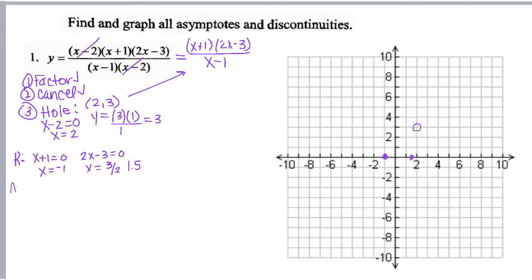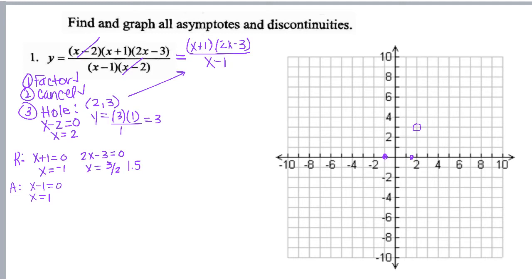A is going to be talking about our vertical asymptote, and that's where we set the denominator equal to 0. So our denominator is x minus 1. I set that equal to 0. So I have a vertical asymptote at x equals 1.